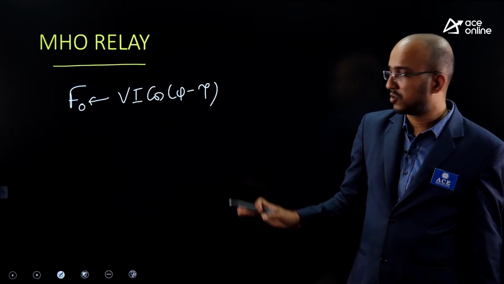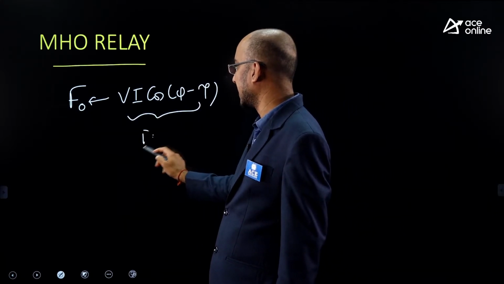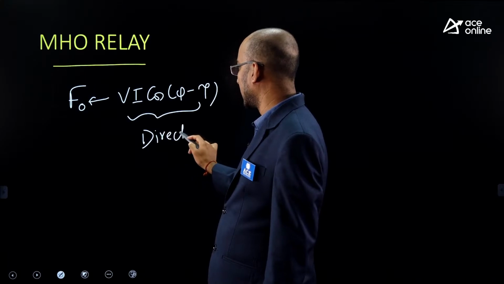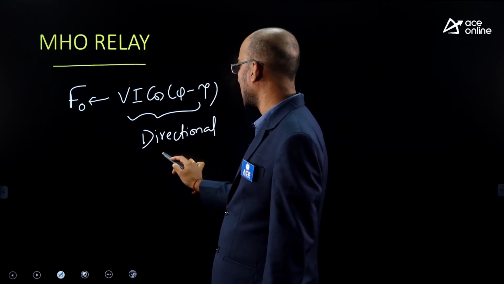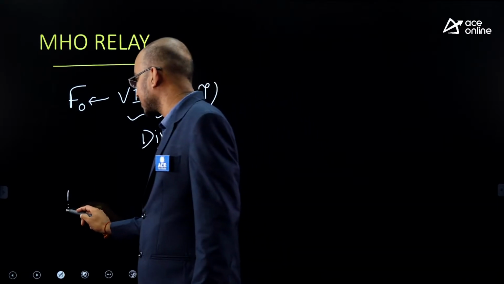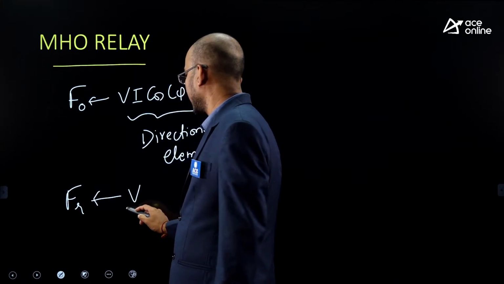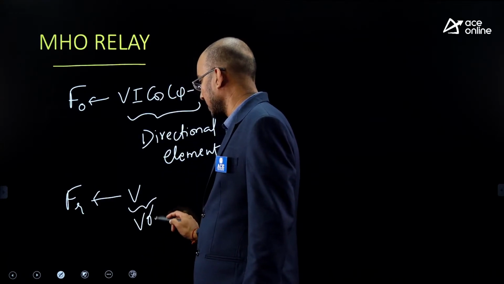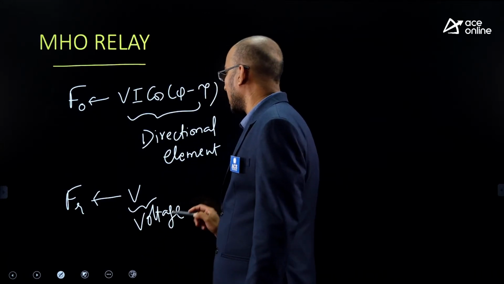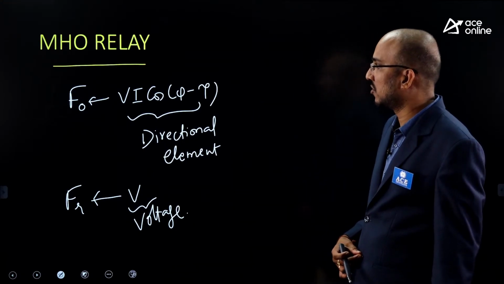So, operating force is due to what? Directional element. And restraining force is due to voltage. Restraining force is developed by using what? Voltage. Operating force is due to directional element and restraining force is due to voltage.